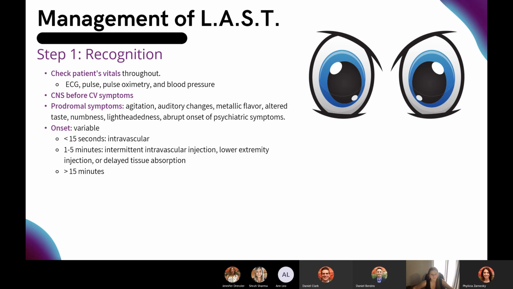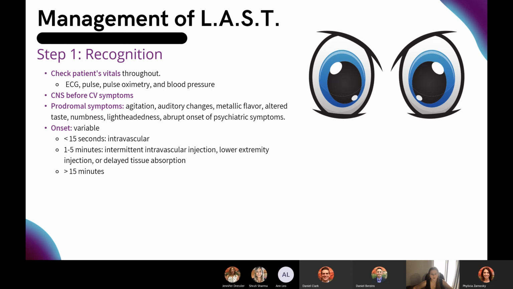And the onset time can be variable. So, for instance, it could be immediate in less than 15 seconds, and that means that you are directly intravascular. However, symptoms could be delayed from 1 to 5 minutes if you are intermittently doing an intravascular injection, if you are redirecting the needle and going in and out of intravascular space.